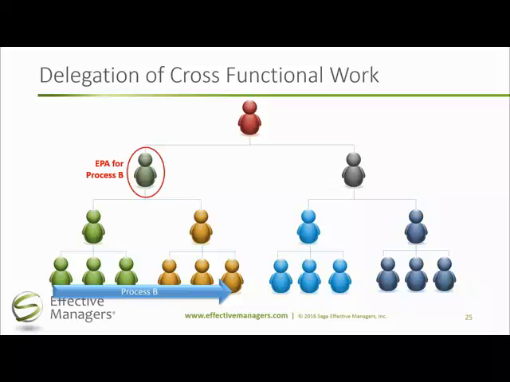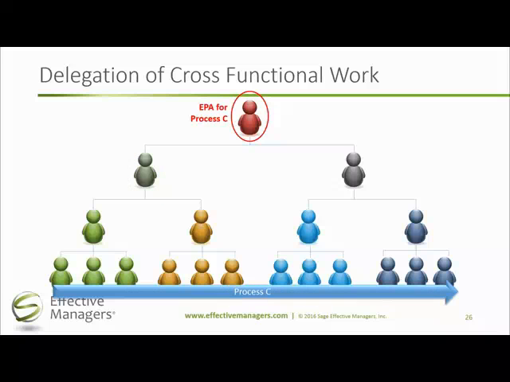And similarly, the manager for Team Gold can't decide and direct on work that is in the Team Green area. So if the manager of Team Green and the manager of Team Gold can't agree on how to resolve this process, the effective point of accountability for this is the next level up. So the effective point of accountability would be Team Manager Sage on your screens.